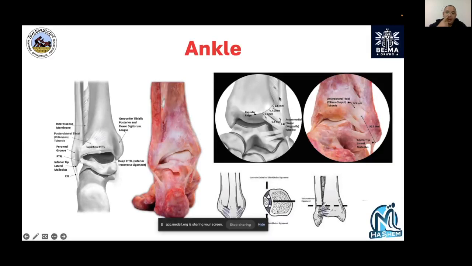So you have 4 structures controlling the movement of your syndesmosis: anterior inferior tibiofibular, posterior inferior tibiofibular, interosseous ligament, and interosseous membrane. Strongest of them is the anterior inferior tibiofibular, but the most commonly injured one is the posterior.